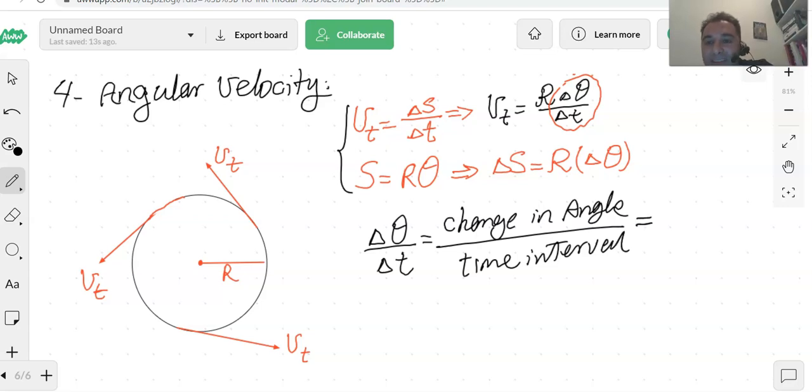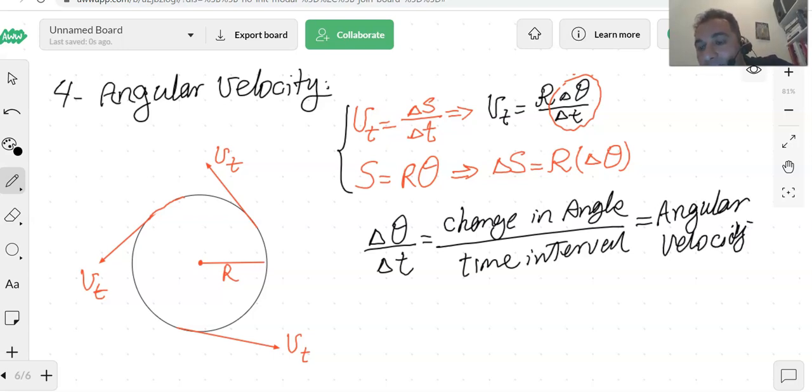So this is very, very similar to this equation. This is change in length, this is change in angle, correct? Remember, angle and length have a relationship: S is equal to R theta. This is change in angle divided by time interval, so let's call it angular velocity.